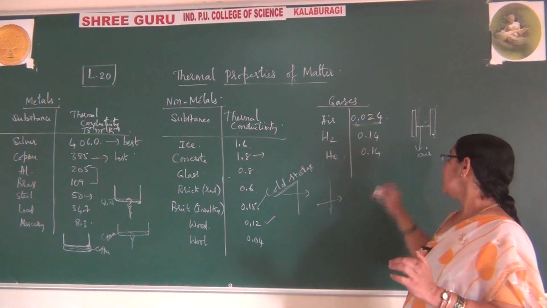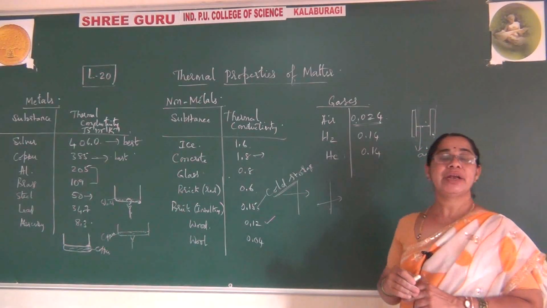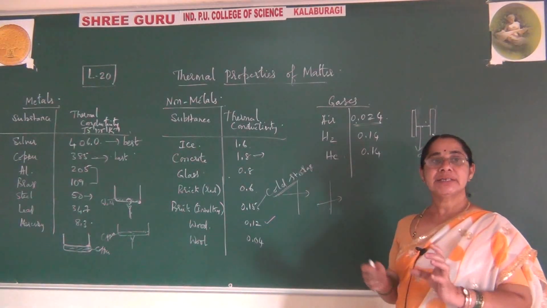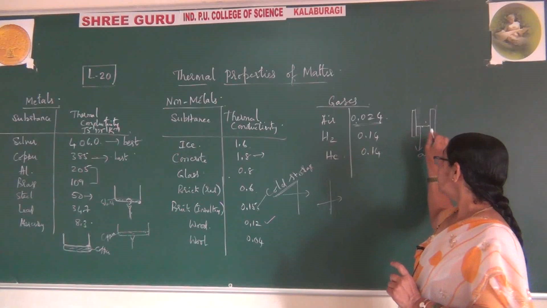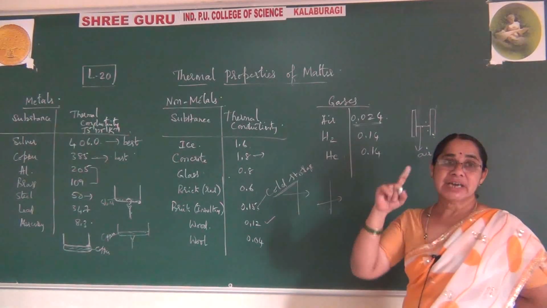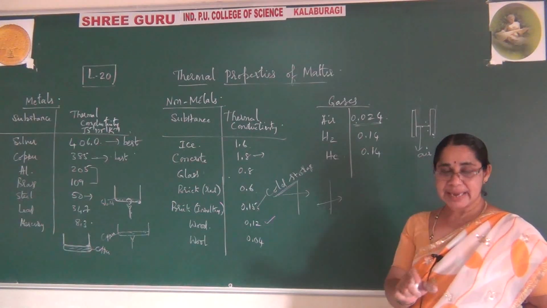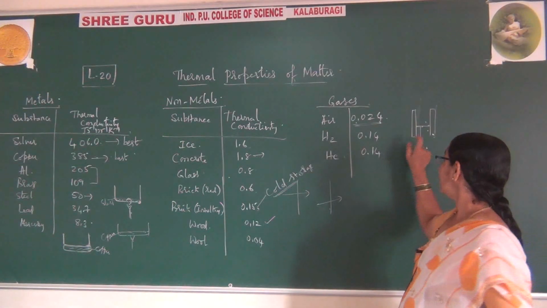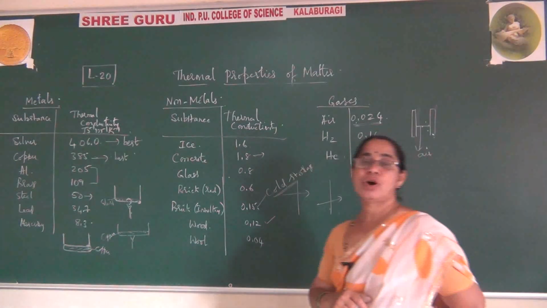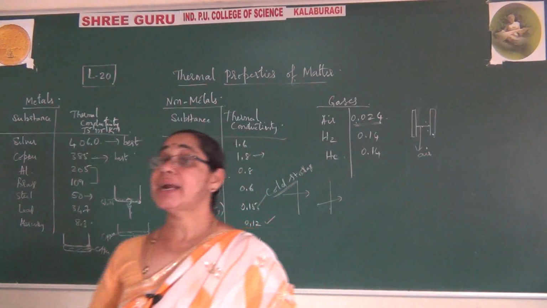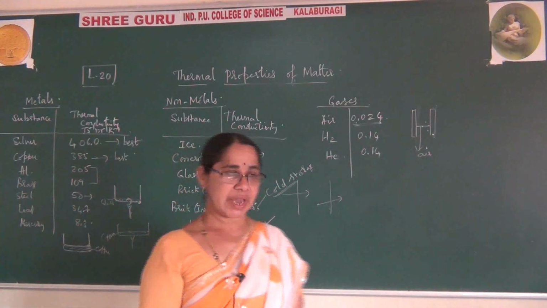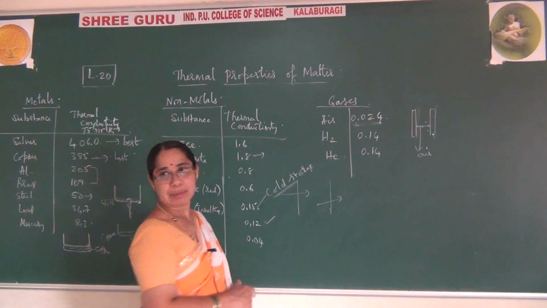Hence it will never allow the heat to conduct into it or from outside. Hence we prefer to use double walls with a gap in between. We are filling the air gap. Hence it is preferred for constructing air conditioned houses. Okay, this is one point you can remember here.